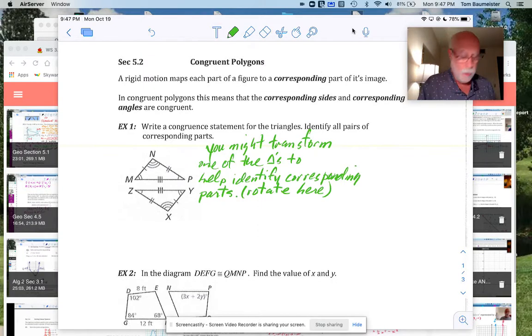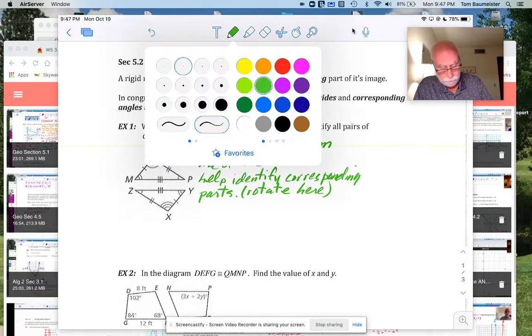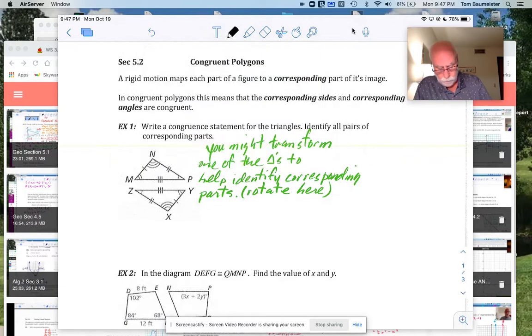All right, so I kept the top one the same. And again, when you draw them, they don't have to be perfect. They just have to have the same corresponding part.